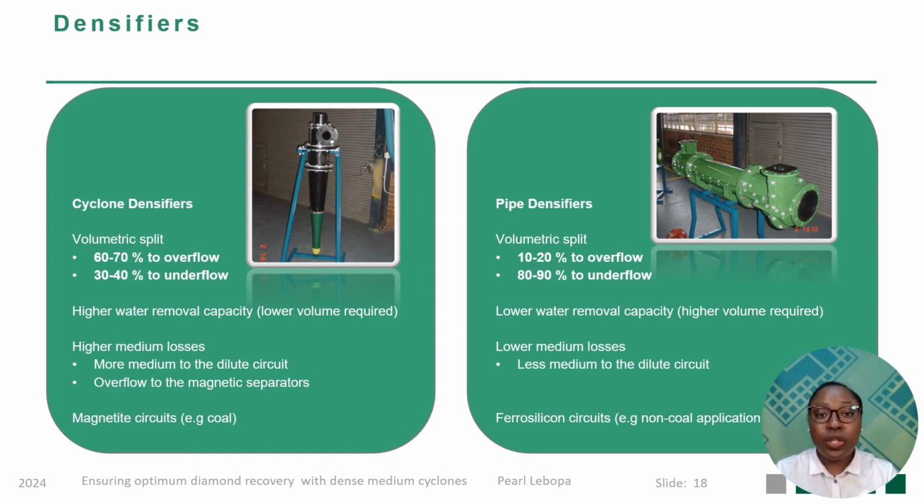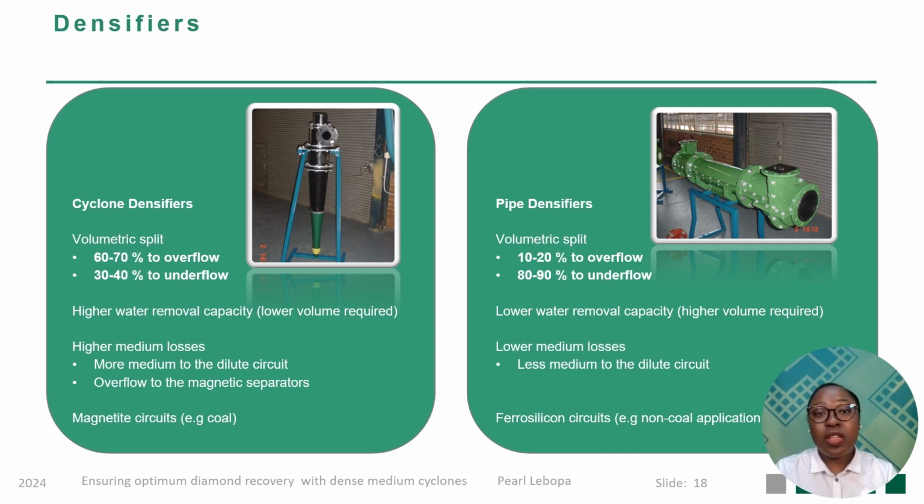Now moving on to the pipe densifiers, the volumetric split in the pipe densifiers is less than that of the cyclone densifiers. On the pipe densifiers, we have a 10 to 20% volumetric split to the overflow, and the rest goes to the underflow. On the pipe densifier, we have low water removal capacity, meaning that more medium has to be fed to the pipe densifier.